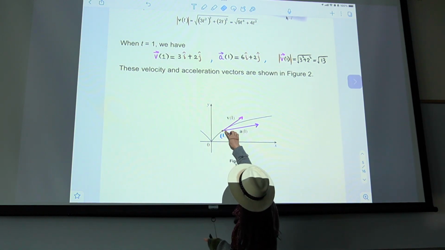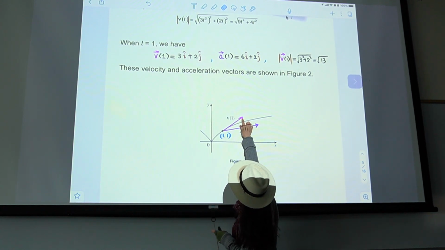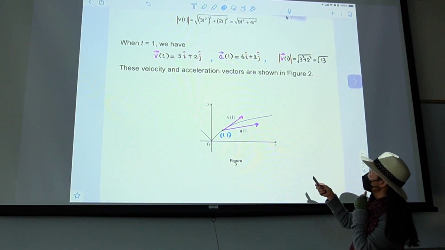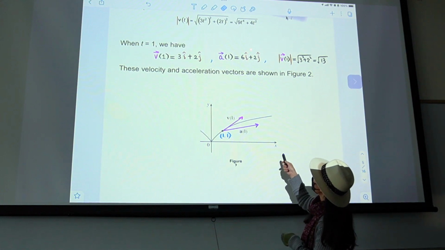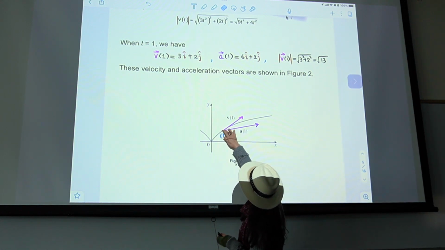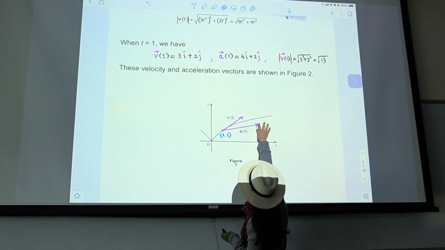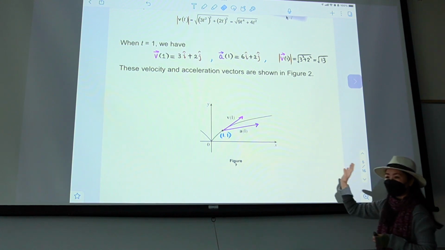You go to (1, 1), you go 3 units, 1, 2, 3, and then you go up 2, and then you draw the vector there. For the acceleration vector at t = 1, this is 6 and this is 2, so you go 6 in the x direction and up 2 in the y direction and you draw the vector. So you get the two vectors there.